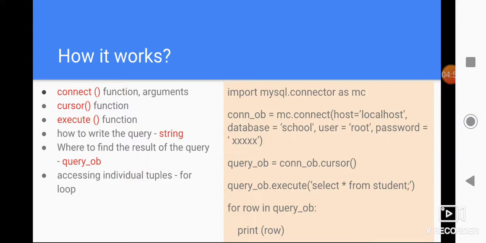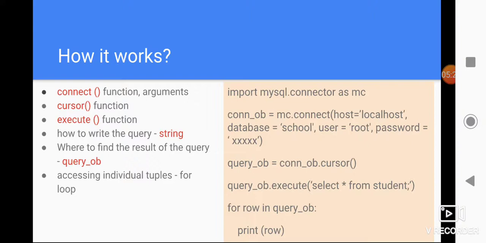Look carefully, as in this example you must provide your query in the form of a string. See, we have enclosed the query inside single quotes, which means it is a string. So the query select star from student, which is a simple query, and even the semicolon is enclosed in a string and is being passed to the execute function of the query object.